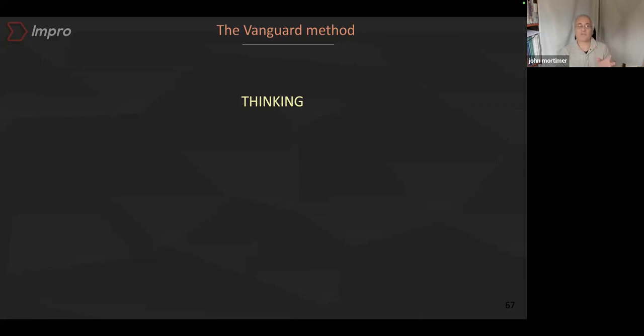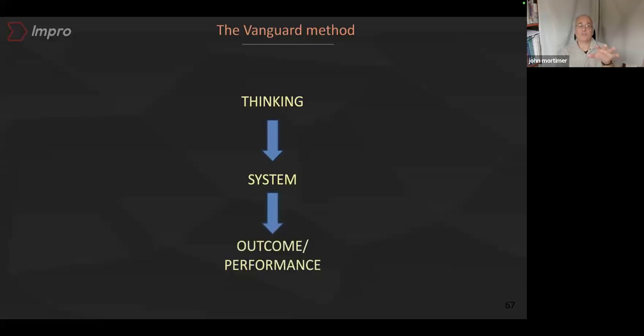It's not to make improvements happen. It's not to do any of the things that I've mentioned so far. All of those things are to do with one thing: it's to change thinking from the traditional command and control perspective to understanding the way that the system works, redesigning the system according to new ways of thinking, which of course is outside in, and you end up with totally different outcomes. So that, on one slide, is the core of the Vanguard method.